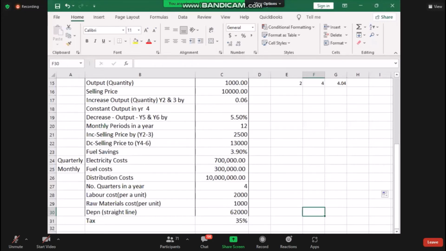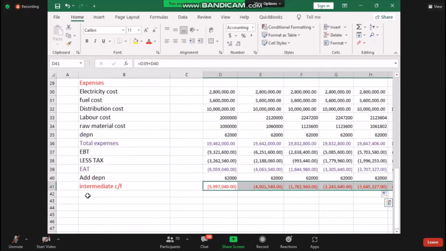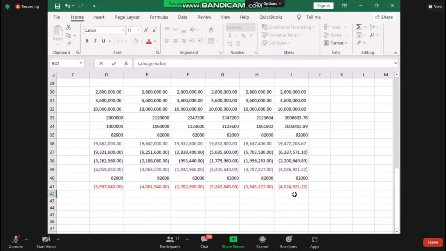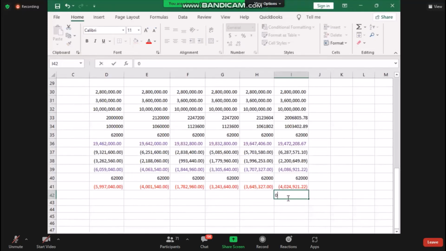So if it is equal to 0, then my terminal cash flow, let me first put salvage value, much as it's not given. Since it is not given, we are assuming that in year 6, the salvage value of this asset is 0.